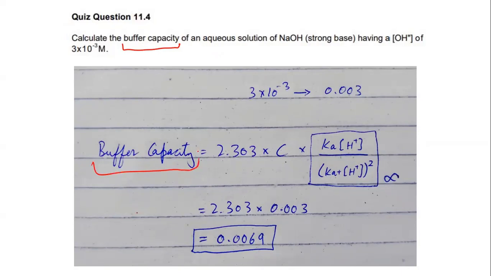The formula of buffer capacity is this. Of an aqueous solution of NaOH, a strong base, having, it doesn't matter for a base or an acid because they have not clearly demonstrated it, an OH of this concentration. There is a concentration given, there is this OH given, but in the formula they have only told us about this H plus.